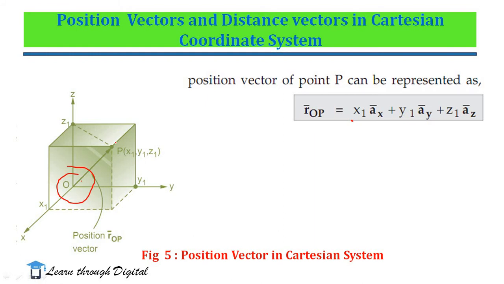Then the position vector of point P is represented by the distance of point P from the origin, directed from the origin to point P. This is also called the radius vector. The position vector is r_P, that is equal to x1 a_x vector plus y1 a_y vector plus z1 a_z vector.